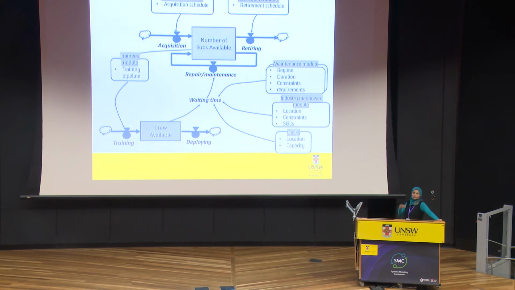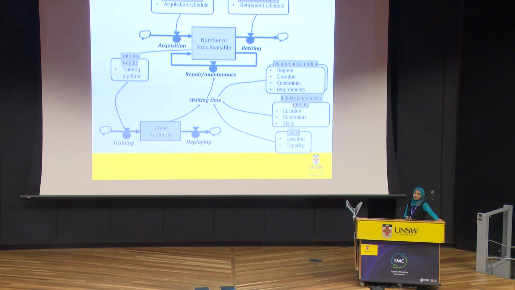So not all skills are needed for all maintenance types, and the capacity for docks to undertake a particular maintenance type. So all these decisions can be made by the end user. And the relationships between these resources influence how fast the subs will come back from maintenance.